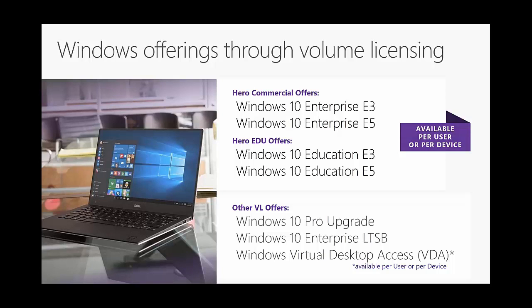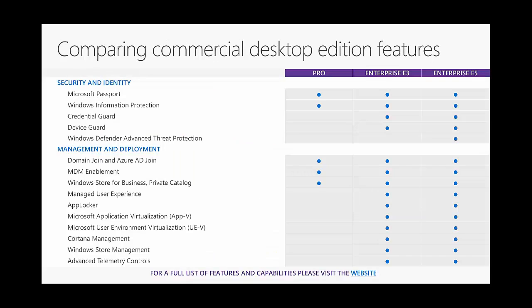So, comparing the Enterprise version and the Pro version of Windows 10. As you can see, the Pro version has a lot of common capabilities. You have Microsoft Passport. It does support Windows Information Protection, for example, but it doesn't have Credential Guard, Device Guard, or Advanced Threat Protection, for example, from a security perspective.